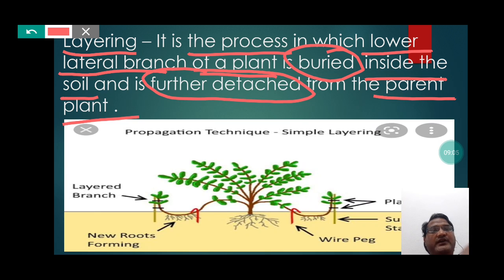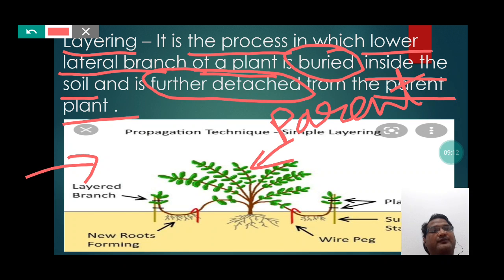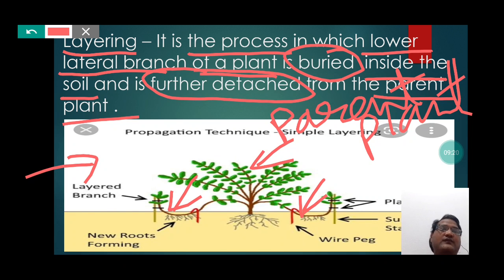So students, here we can notice that there is a parent plant, and the lower lateral branch of the parent plant is further buried inside the soil.